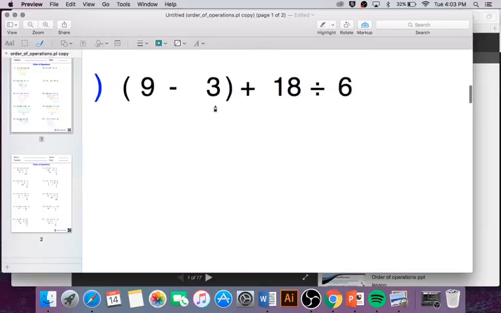We have 9 minus 3 in parentheses plus 18 divided by 6. First thing we're going to do is solve our parentheses. 9 minus 3 is 6. So we'll have 6, bring down the rest of the problem, which will give us 6 plus 18 divided by 6.